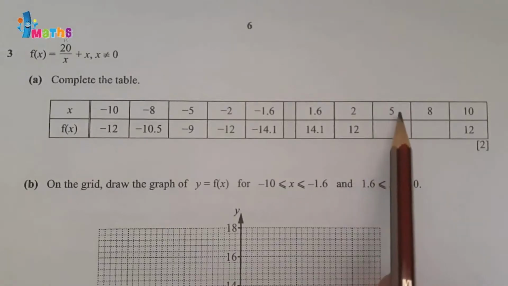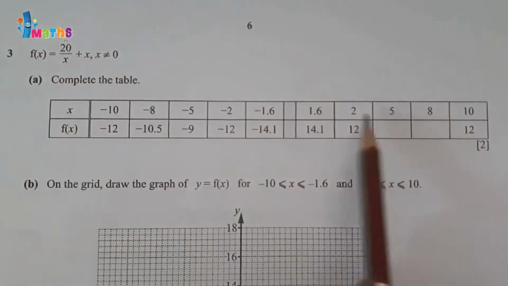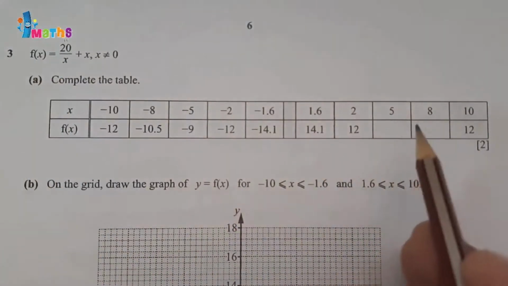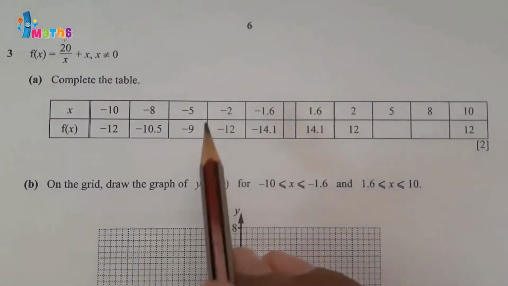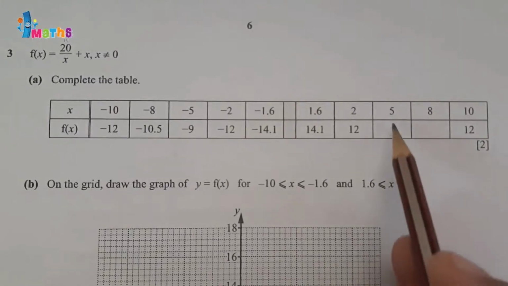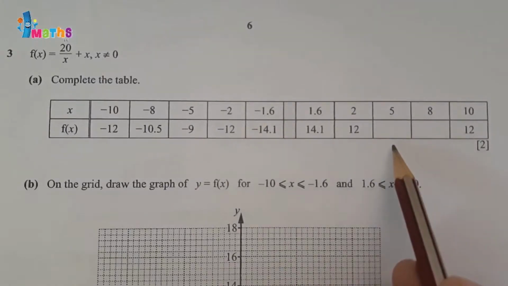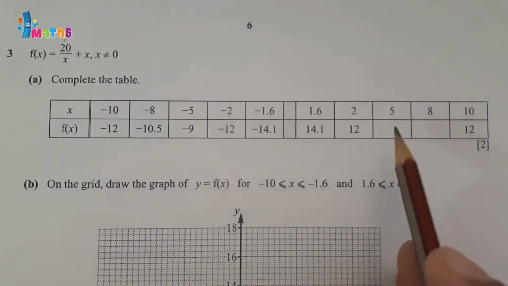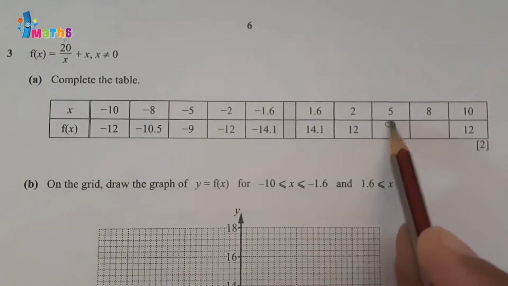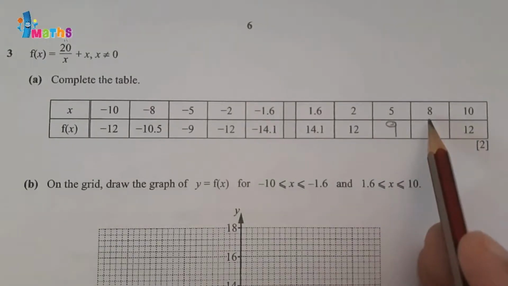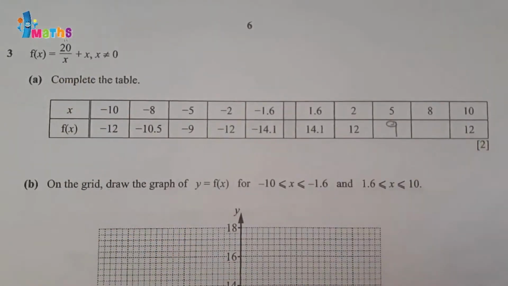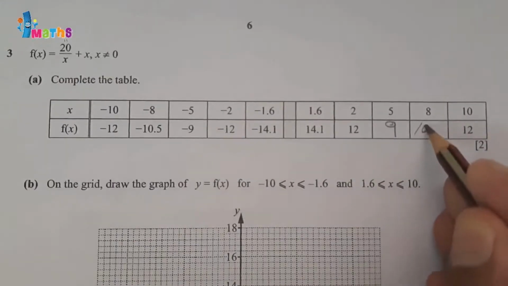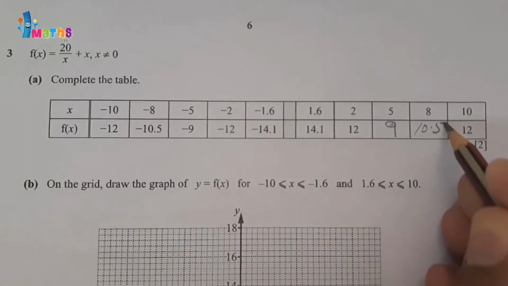We will replace 5 in the given equation, and by the help of calculator we can find the values: 20 over 5 plus 5, the value will be 9. Similarly, when we replace x is equal to 8, 20 over 8 plus 8 will be 10.5. We can use calculator to find these two.